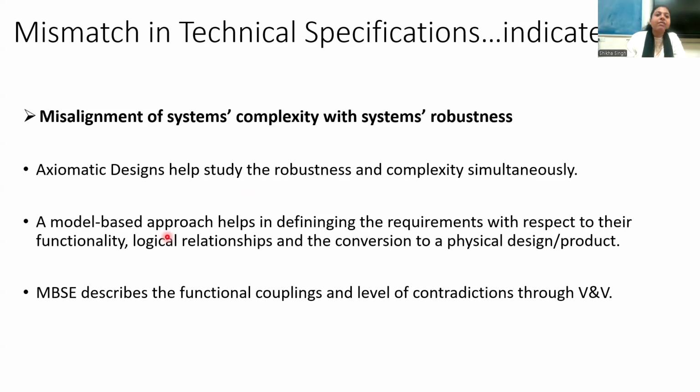Then again, as we have seen, a model-based approach, MBSE, can help in defining the requirements with respect to their functionality. RFLP: the requirements, the functionality F, logical relationships L, and then the physical conversion to physical designs P. If you apply the RFLP approach or model-based systems design, it can help in designing the flexibility of the system.